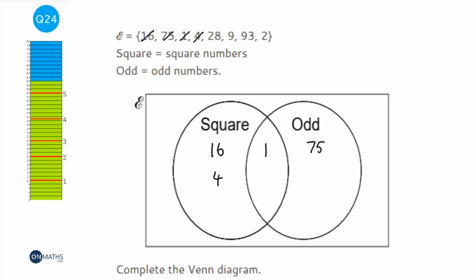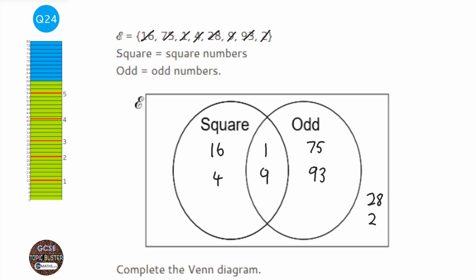Now 28 is not a square number and it's not odd, so that's going to go out here. 9 is a square number and it's odd, so that's going to go there. 93 is not a square number but it is odd. And 2 is not a square number or odd. That's going to go on the outside here.